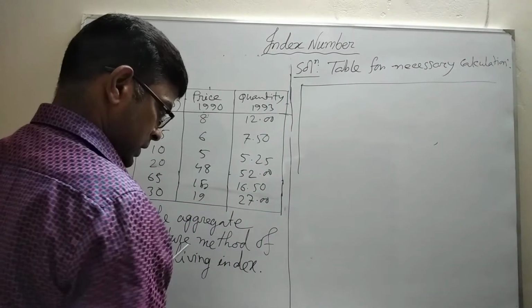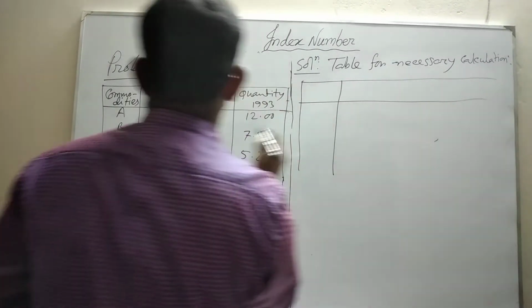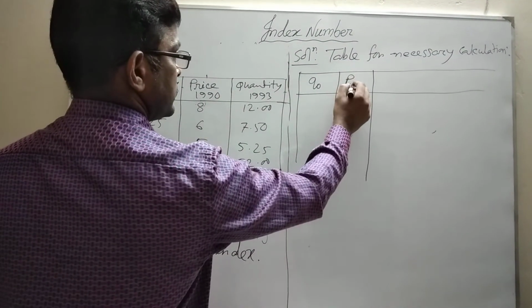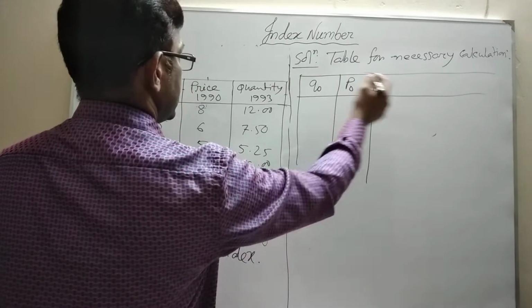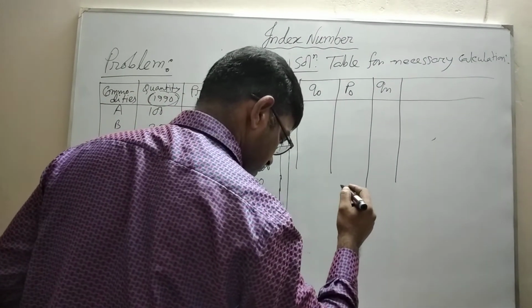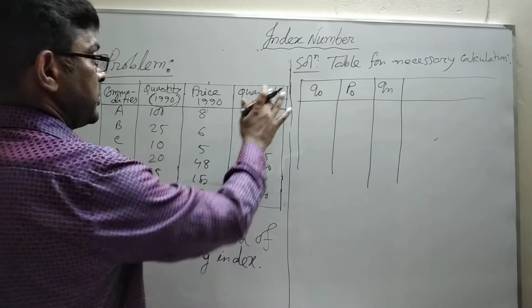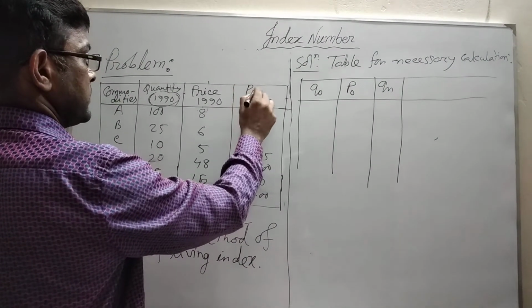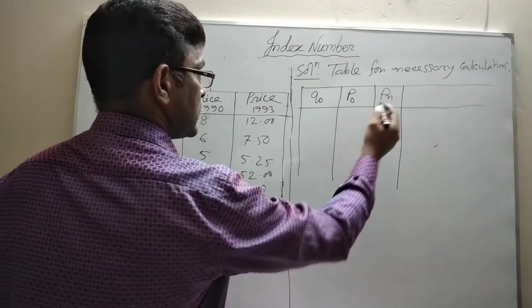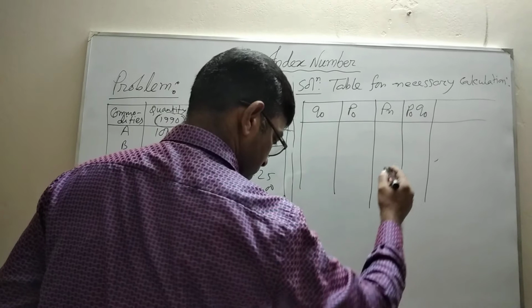PoQo. Base year quantity Qo, base year price Po, current year quantity Qn, then current year price Pn, PoQo, then PnQo.